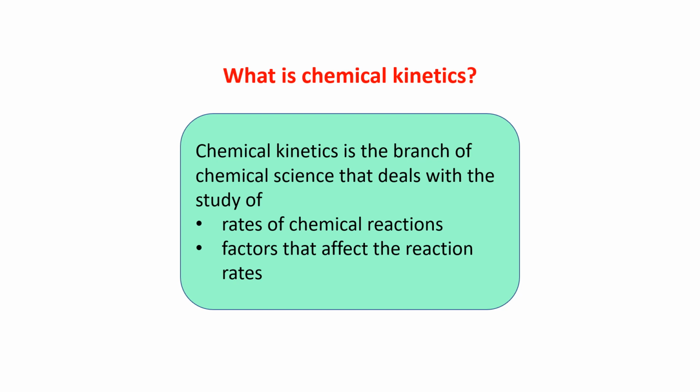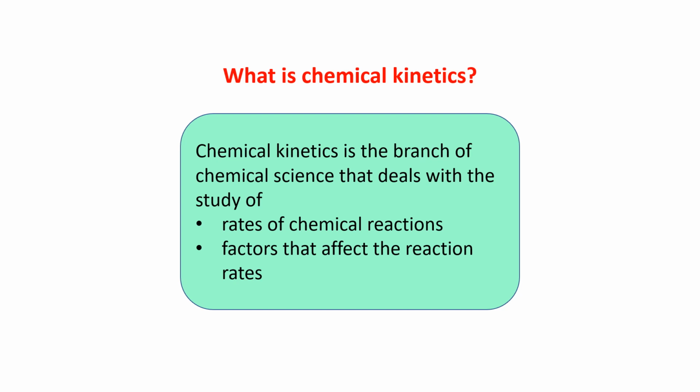Chemical kinetics is the branch of chemical science that deals with the study of rates of chemical reaction. See, a chemical reaction involves the conversion of reactants into products. It occurs in the direction in which the free energy of the system decreases.